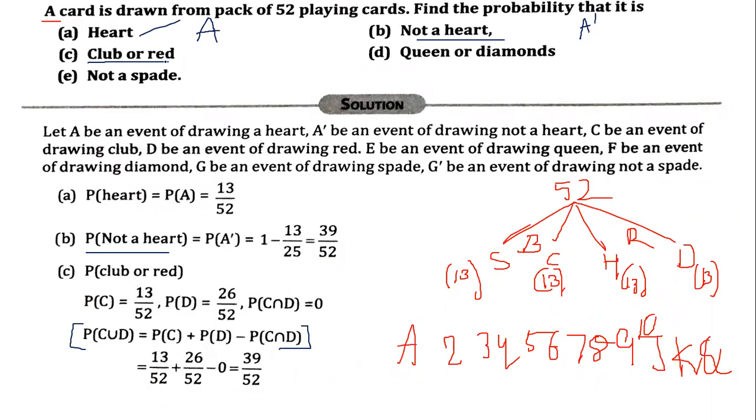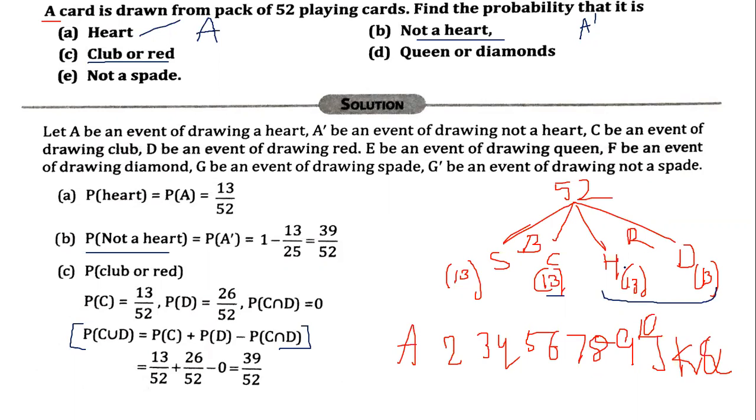Now either we will get a club card or a red color card. Anything we can get. Now, club card is a set of 13 cards.